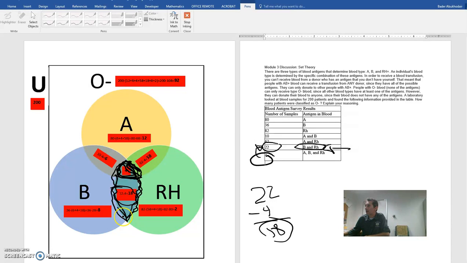So to illustrate this point again, the people that have B and RH is 22, which means you have B and RH, and you might have an A in it. But since we already used the A here, we know that a person with A, B, and RH, there are 4 of them. We already counted that guy in the 4.